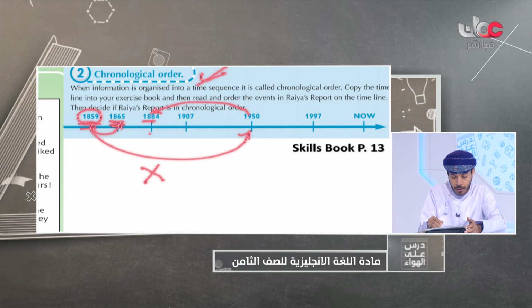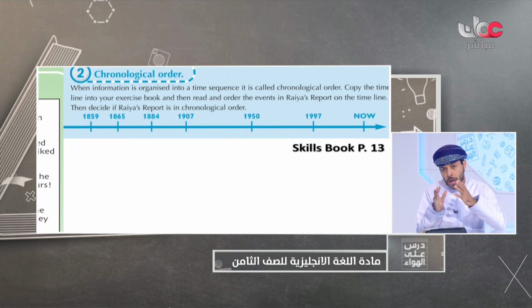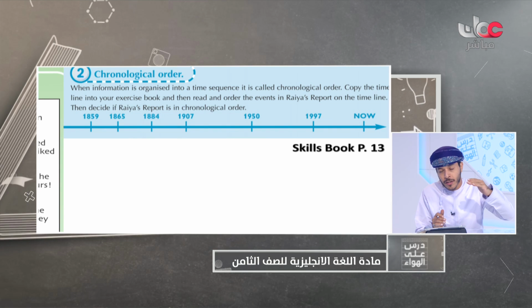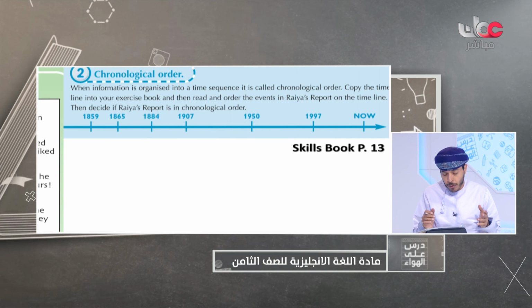A chronological order is when we have different periods of time, a sequence of time, and these years or information are provided in order. What happened first? What happened second or next? What happened then? Until you reach today, for example, or the end of your reading text.